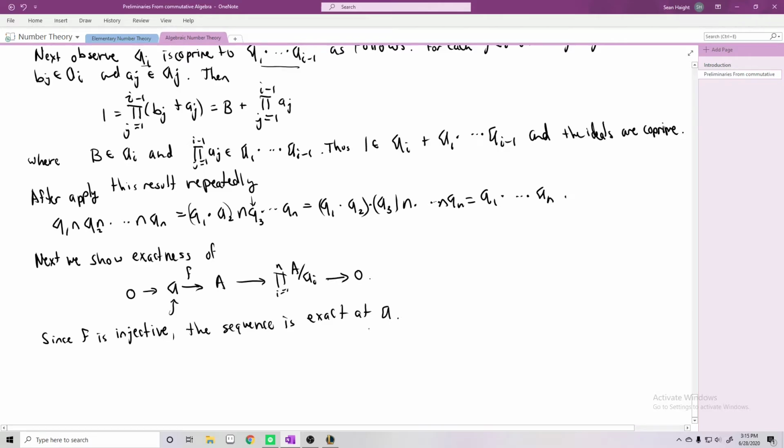Okay. So exactness at big A follows almost immediately from the above computation.